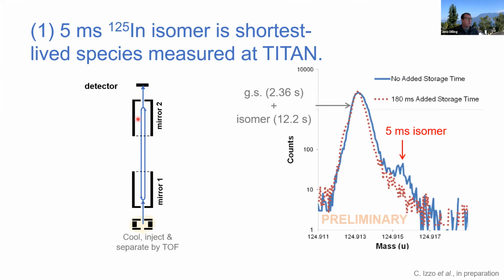We did that by coupling a little trap in front of this electrostatic mirror and held the ions in that trap before we released them in here. With that, you could vary what kind of half-lives you can measure, because the ions have to be stored here. Some will decay, some will survive, and you get different patterns. That's reflected here with the added storage time.